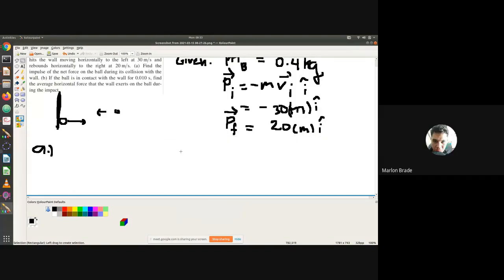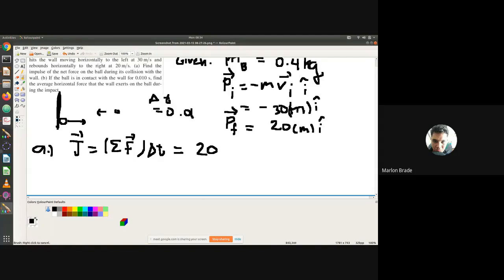So next is find the average horizontal force. We know that the net force in terms of J can be written as the net force multiplied by delta T. We know that our impulse is equal to 20, and the given delta T is 0.01 seconds.